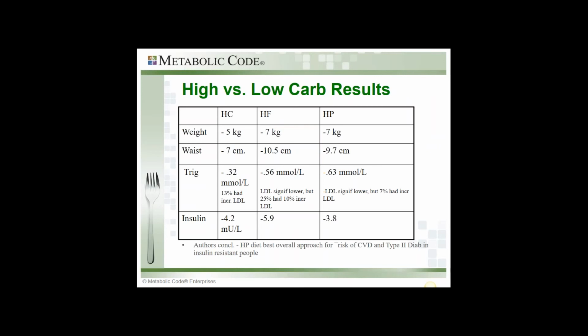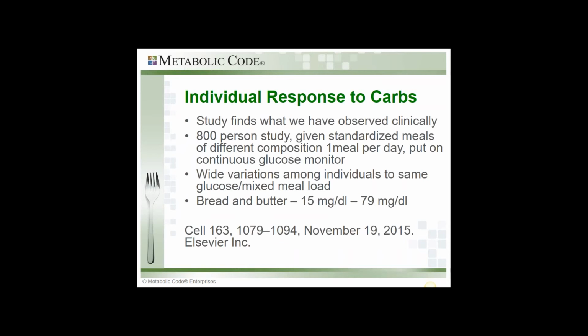There were some ups and downs and some things that were best, but interestingly, the highest fat intake had the most loss in waist circumference. But when these authors looked at overall results, they felt that the higher protein diet was the best overall approach for all the markers. Again, much more weight was lost on the two low carb ones compared to the higher carb.